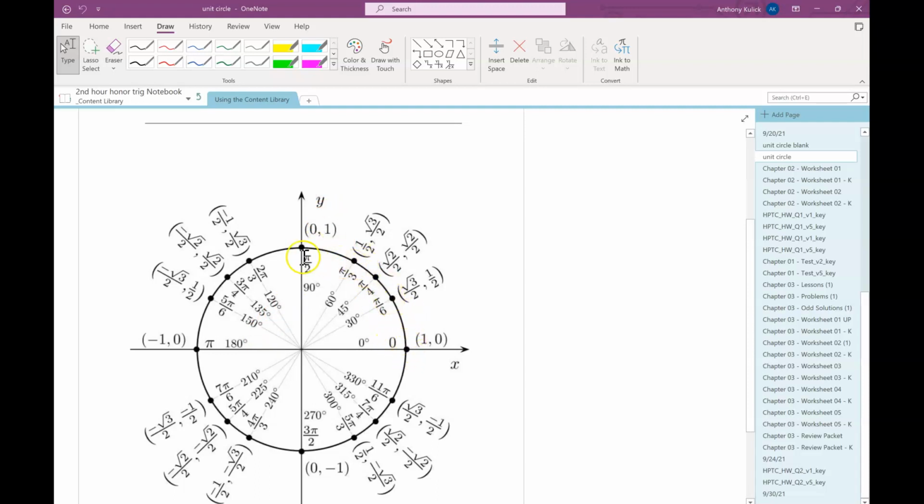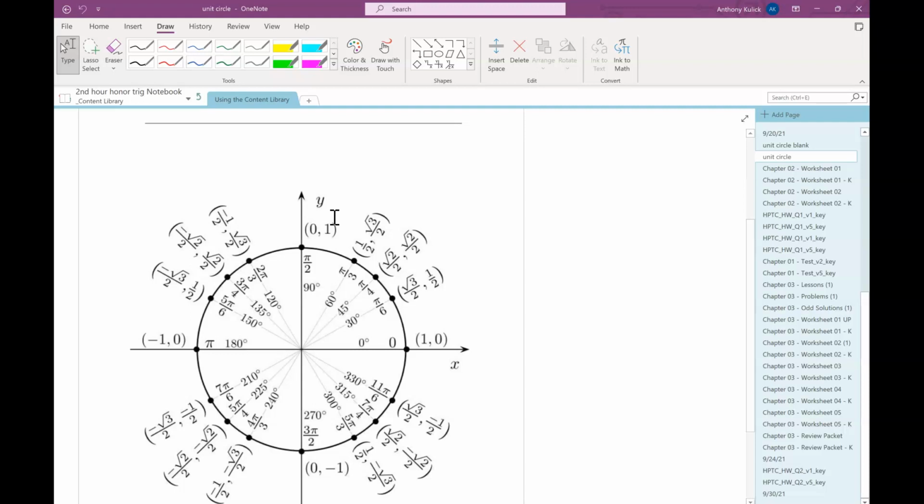So all points on the unit circle correspond to values for sine and cosine. So the range for sine is going to be the smallest y coordinate on the unit circle all the way up to the biggest y coordinate on the unit circle. So the smallest is -1 and the biggest is +1. Everybody's okay with that?